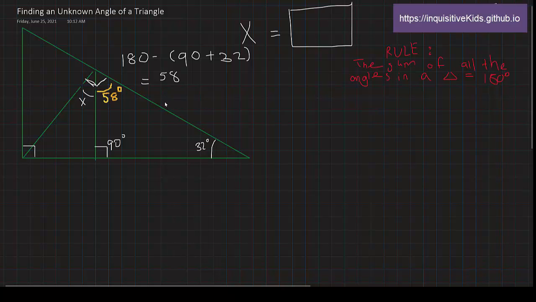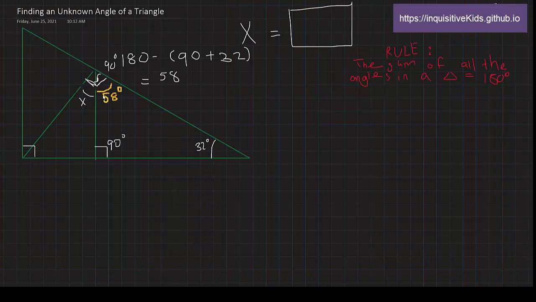Okay, now we know all the angles of this triangle. But how is it going to help us find x? Of course, do you still remember how this whole angle right here, not just this golden portion, but from this side all the way to this side, was a right angle? What does that mean? It means it's 90 degrees.